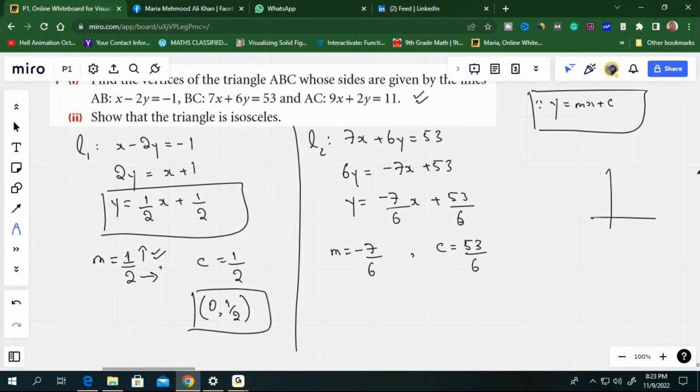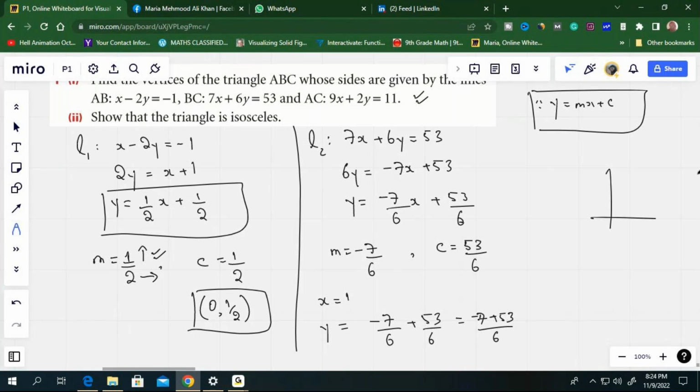If I pick x value 1, then y equals minus 7 upon 6 plus 53 upon 6, which gives me minus 7 plus 53 upon 6.